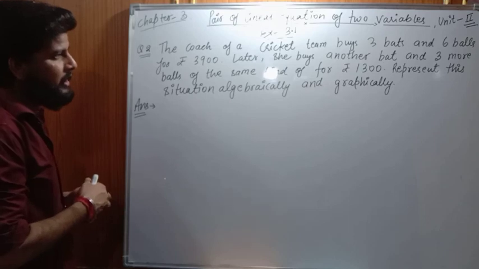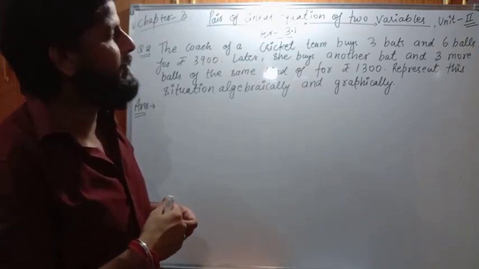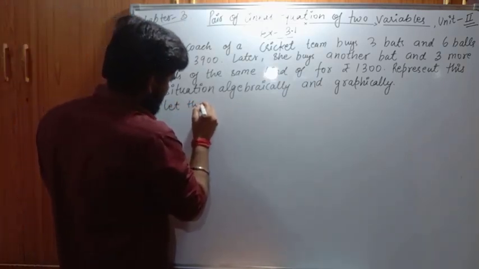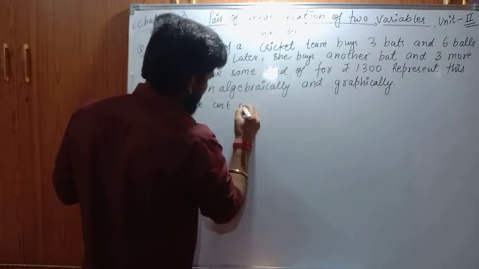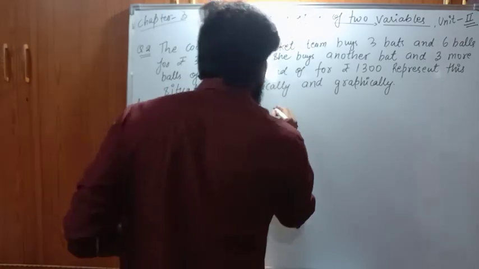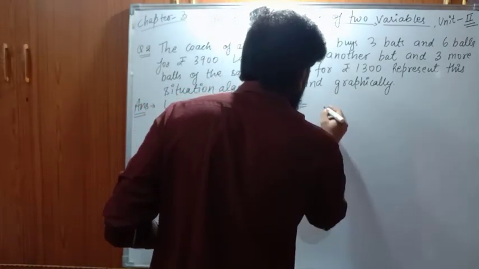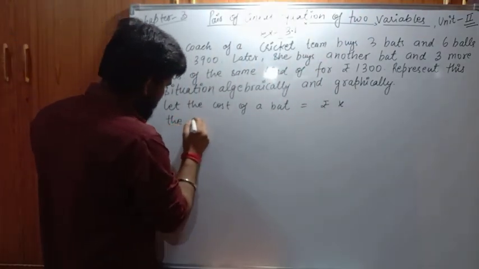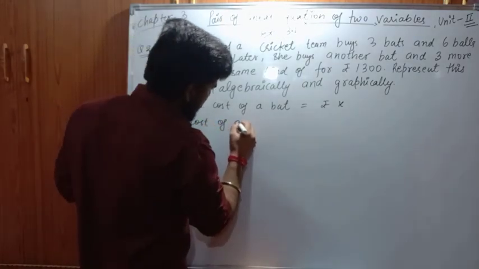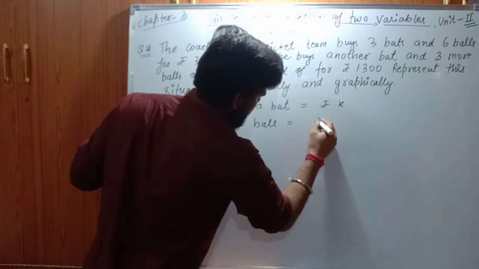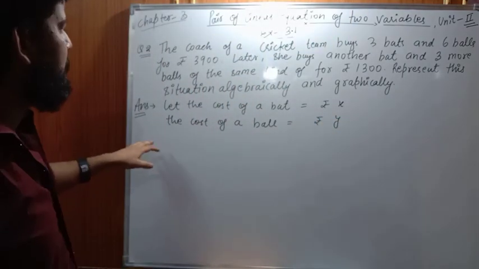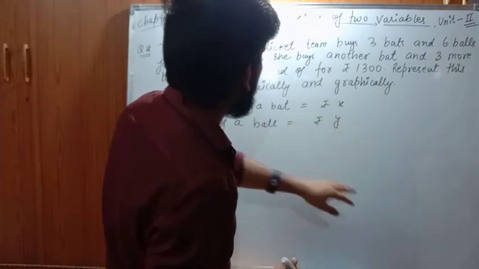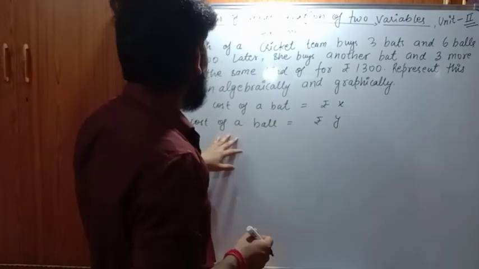So we don't know what is the price of 1 bat and 1 ball. So here also we will assume that let the cost of a bat equal x rupees, and the cost of a ball equal y rupees. Okay, we don't know what is the cost of a ball and what is the cost of a bat, so we have assumed x rupees as the bat cost and y rupees as the ball cost.